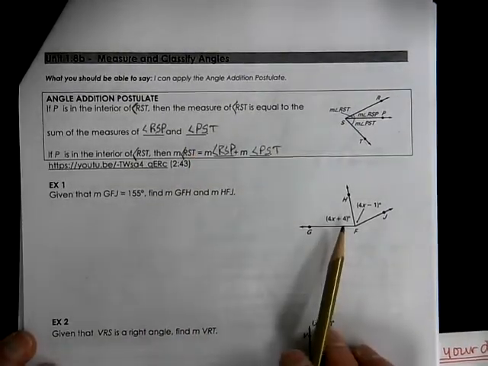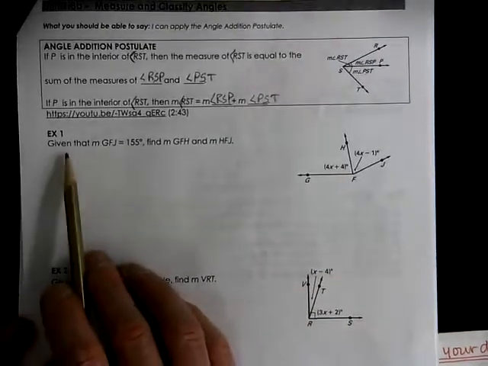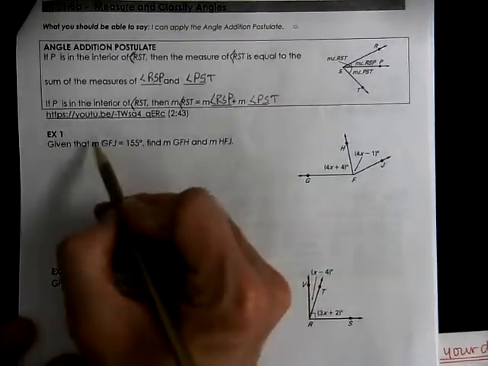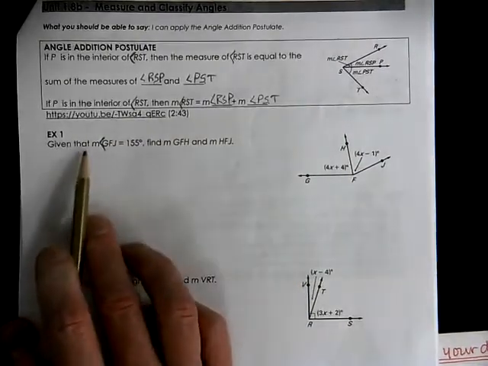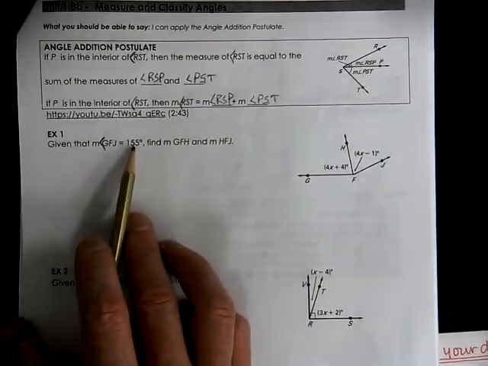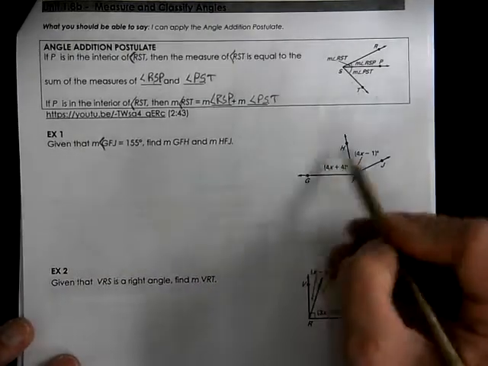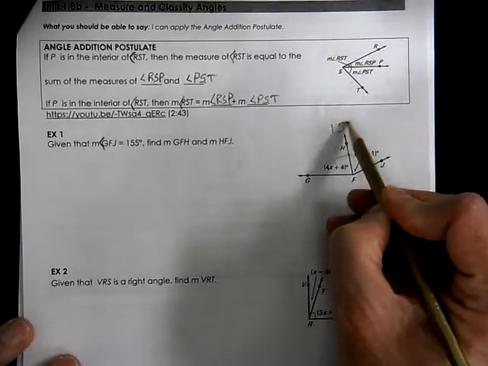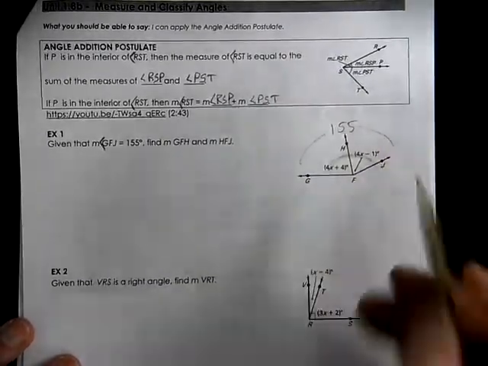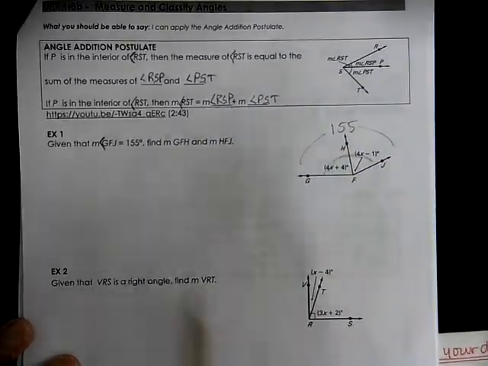In this case, when we look at this first problem, the given information says that the measure of angle, you need to get your angle symbol in there, is 155. So this full angle is going to be 155 degrees. So we know what the big angle is.